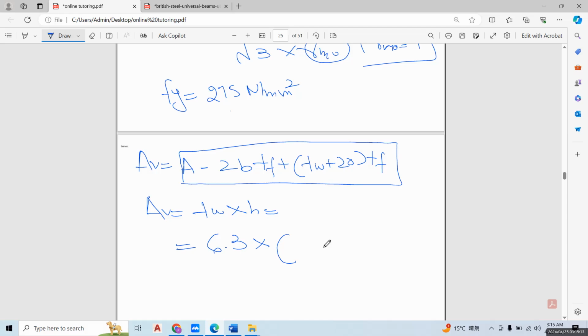If your thickness of flange exceeds 16 mm but is less than 40 mm, it will be 265. If it is greater than 40 mm, then the value is 255. So you see that there is a difference of 10. In this way you can memorize.